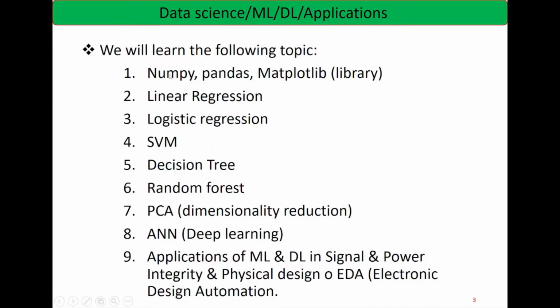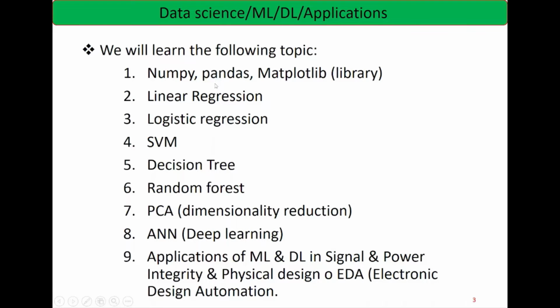NumPy is basically used for calculation purposes. We use it because NumPy makes computation very effective and very fast, and it takes less memory. Pandas is used for data science. Both libraries, NumPy and Pandas, are used for data science purposes. They make computations much easier in a very effective way.